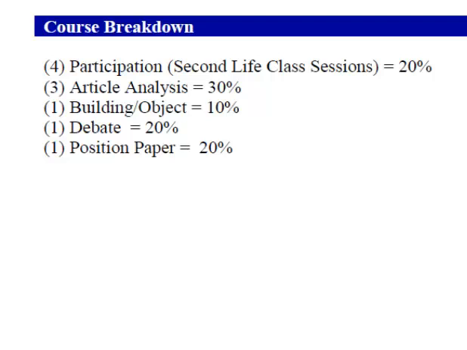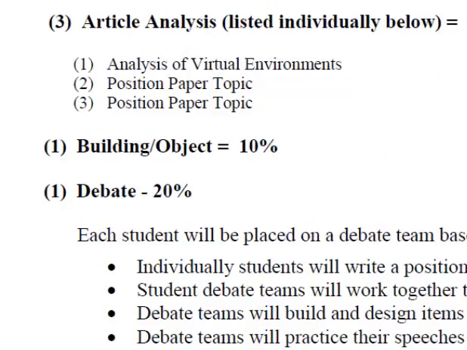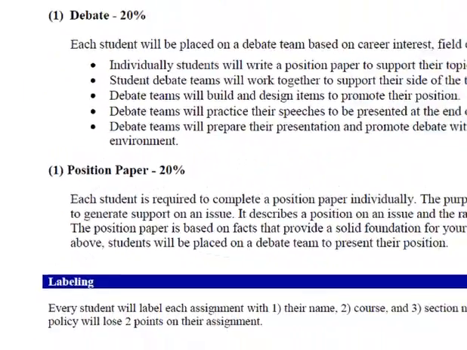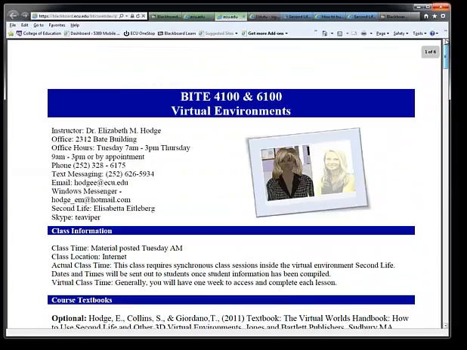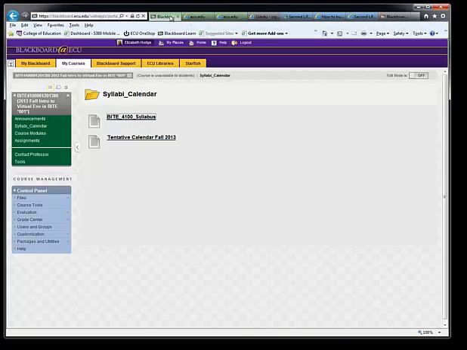You'll also have 3 article analysis assignments, 1 building object assignment. You'll conduct and participate in a debate, as well as write 1 position paper. There's more information that I suggest you view as you go through the syllabus, but that's just a quick overview for now.